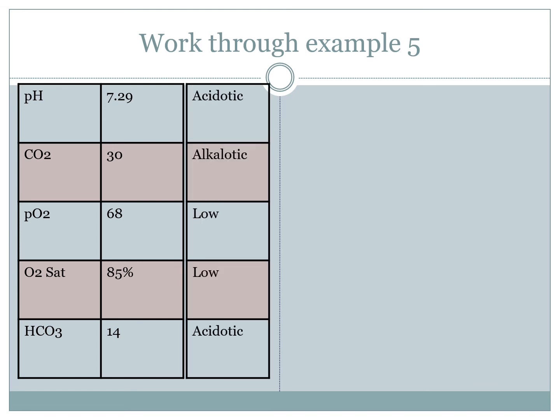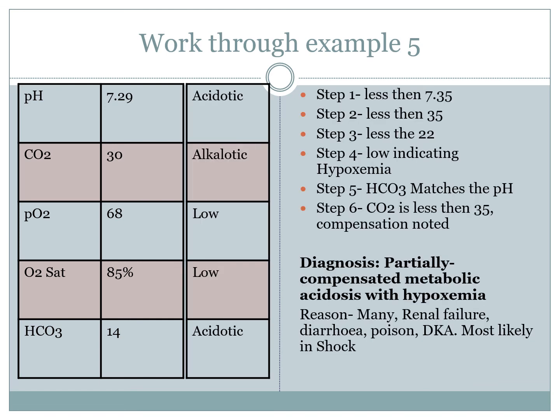So, breaking it down, less than 7.35, they're acidotic. This time the CO2 is less than 35, meaning that's alkalotic. Step 3, much lower than 22, meaning the bicarbonate is acidotic.